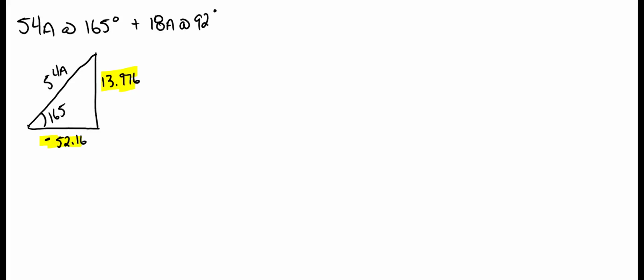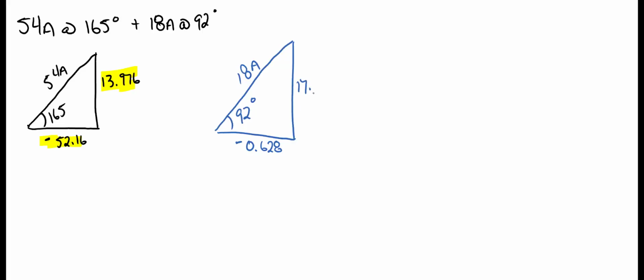Okay, triangle number 2. I've got 18 amps at 92 degrees. I have a horizontal of negative 0.628. I have a vertical of 17.989. Once again, we'll spend a quick second and we'll graph this.